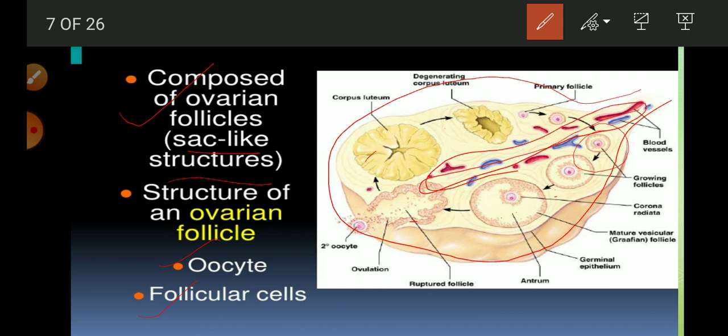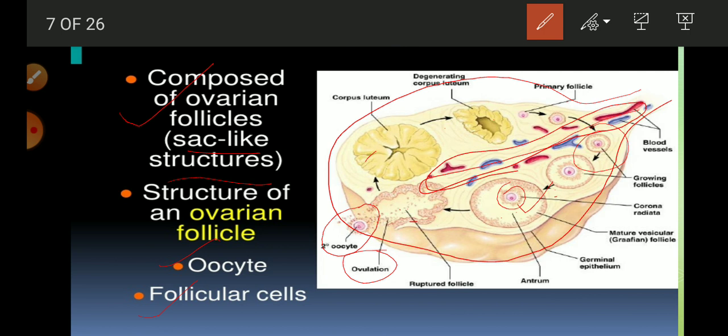Here the mature follicle is present, this one, and this is called the Graafian follicle. Then this follicle ruptures and the egg cell is released from it, and it is ready for fertilization. That is called the oocyte. This process is called ovulation. We'll talk about all these processes in detail.